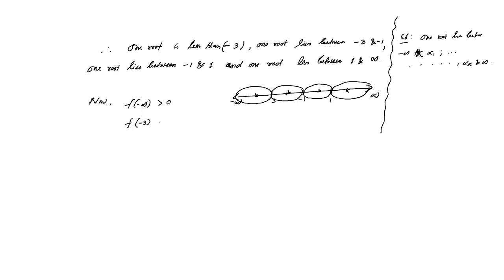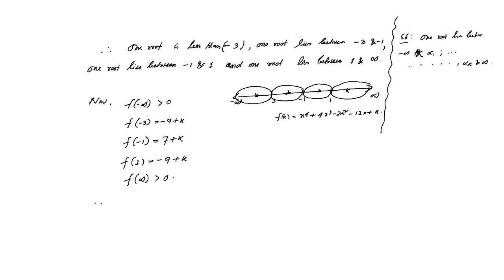F of -3 will be -9 plus k, as your f(x) equals x to the power 4 plus 4x cube minus 2x square minus 12x plus k. So f of -3 is -9 plus k, f of -1 is 7 plus k, f of 1 is -9 plus k, and f of infinity is again greater than 0.